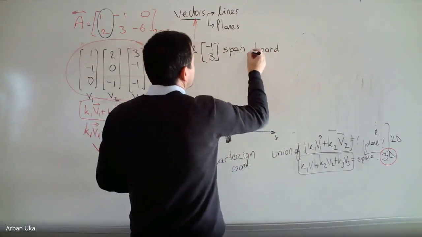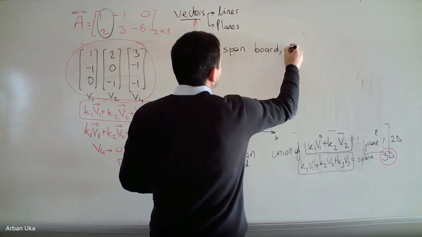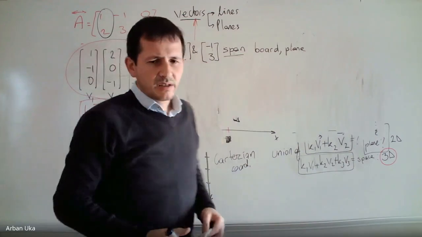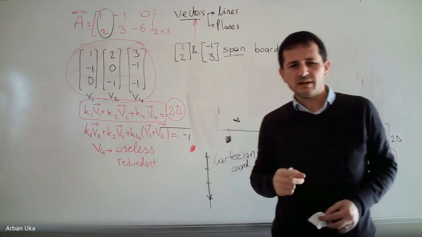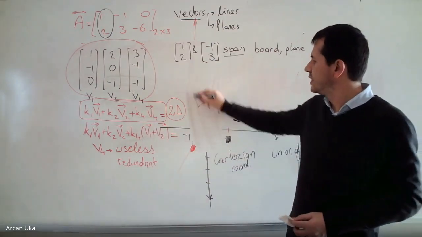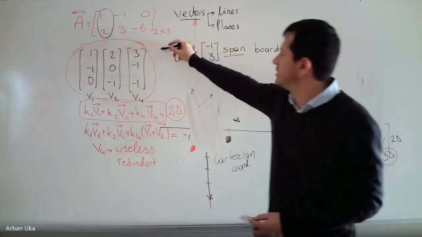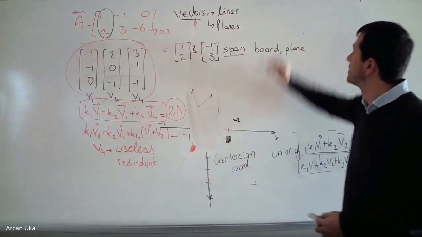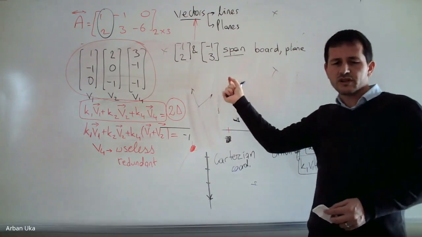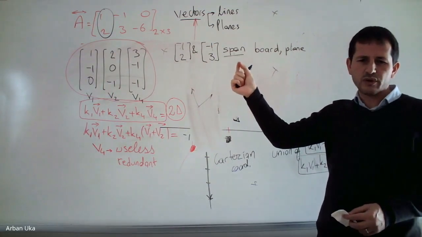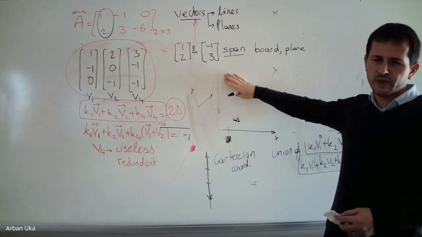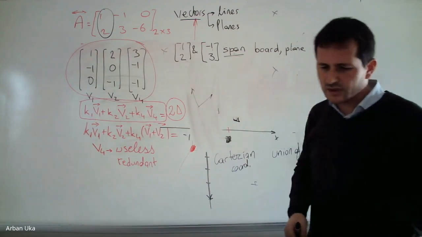Or they span a plane. Because spanning means that linear combinations of these two vectors can go to any point on this whiteboard. Okay, so anything you draw here on the board, you can find this point, this, and everything that is here. But we'll never describe a point which is 1 meter away from the whiteboard. Okay, for that one, we need a third vector which should not be on the plane. Okay, to cover the three-dimensional space.